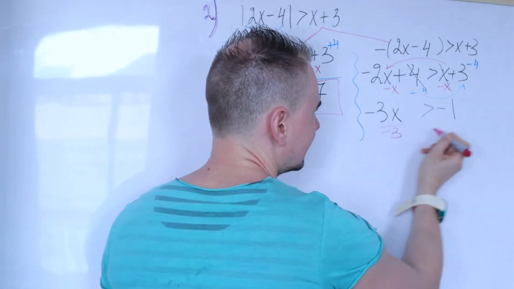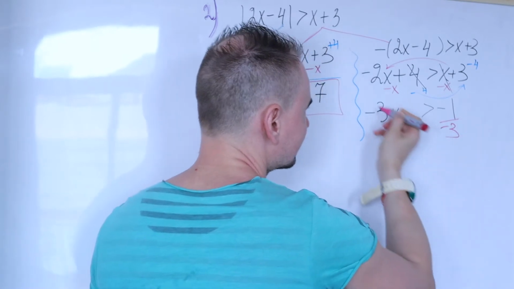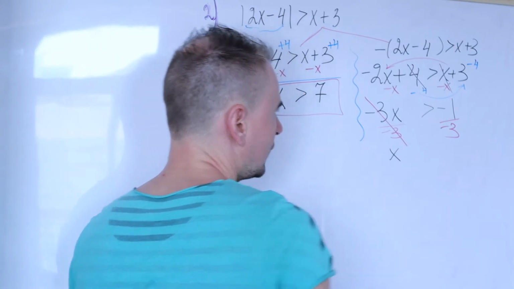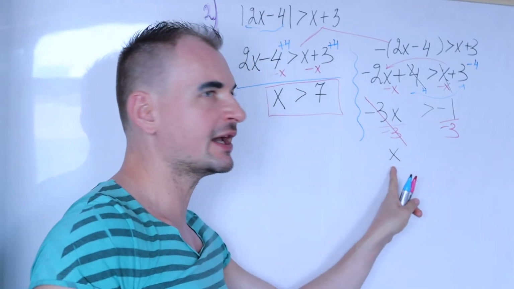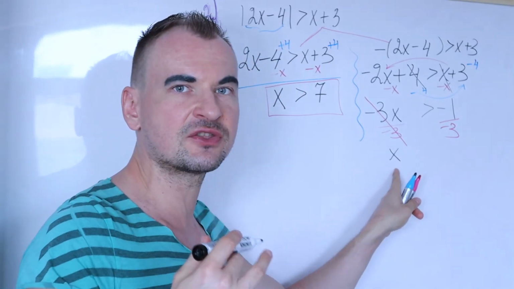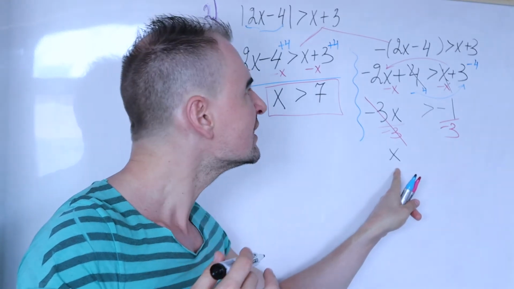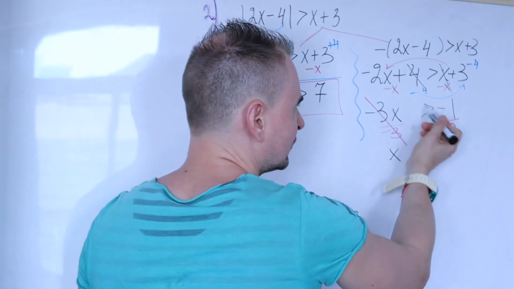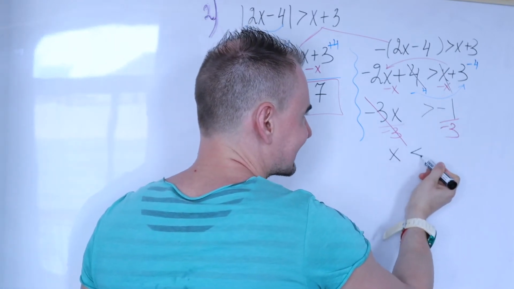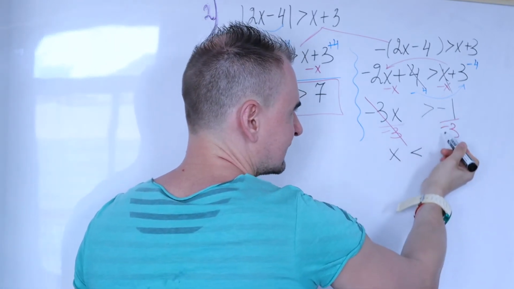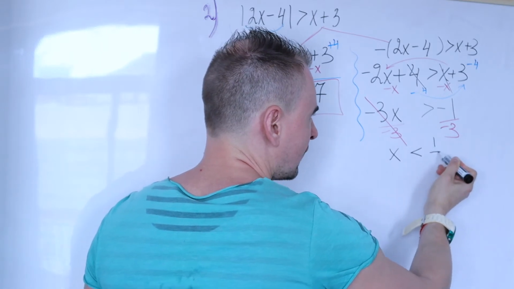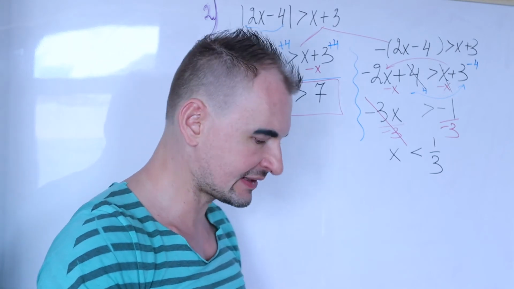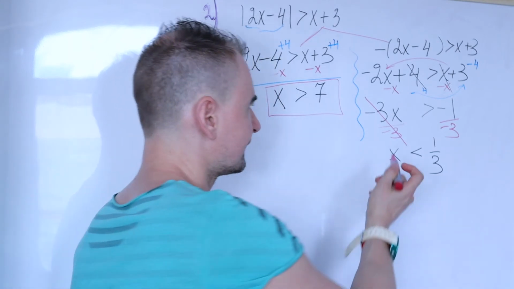So you divide by negative 3, both sides. And you are left with, again, be careful, since we are dividing through by a negative number, the sign has to be flipped. So instead of greater, I'm going to write less than, and this fraction becomes positive overall, and it's just a third, so x less than a third.